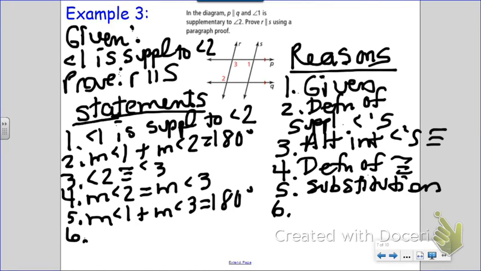That means that angle 1 and 3 are supplementary. That's the definition of supplementary.